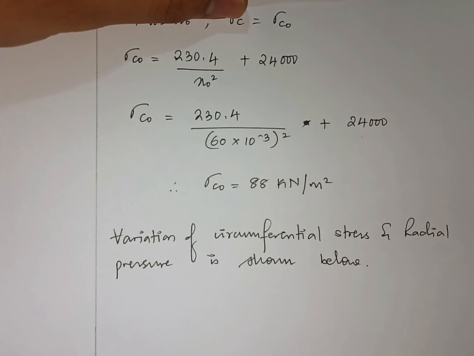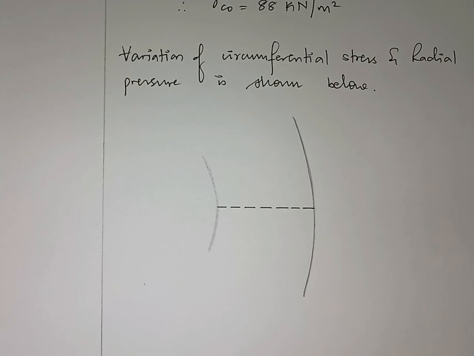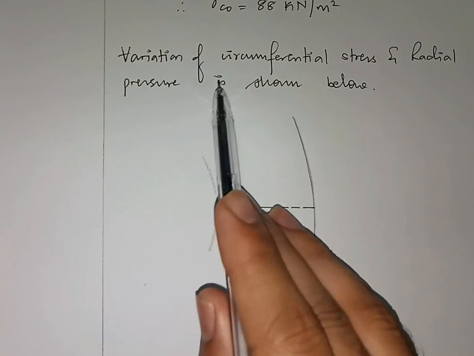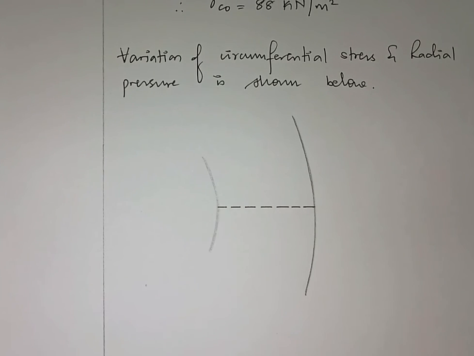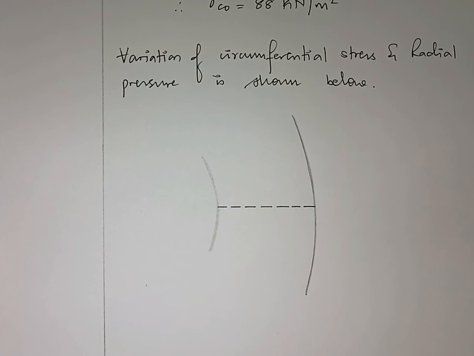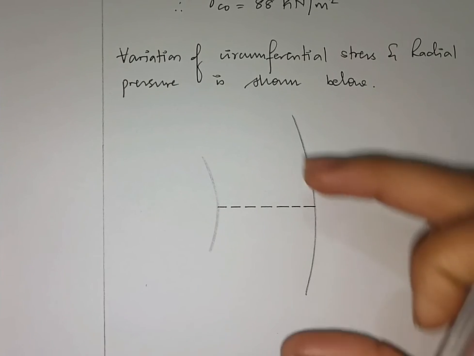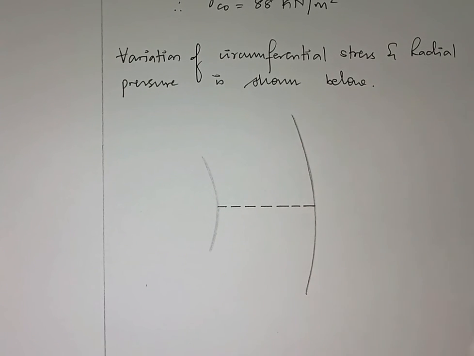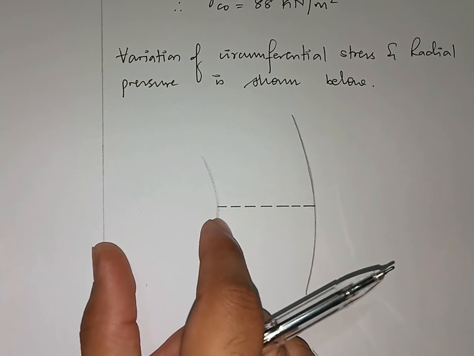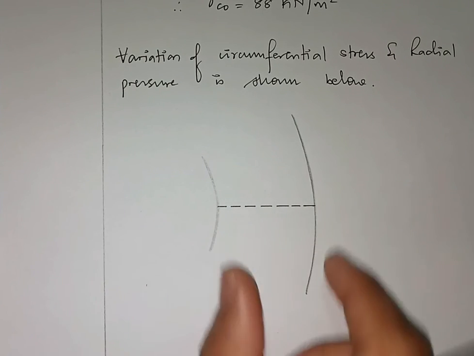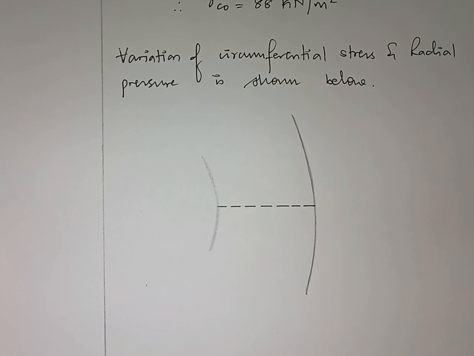Okay, now to show the variation, I have taken this sector or part of the cylinder. So the radius is somewhere over here. From this point, the center, I have just taken the cut section apart. Right. So this is the inner radius from this point, and this is the outer radius. So I have taken just a segment of the cylinder.